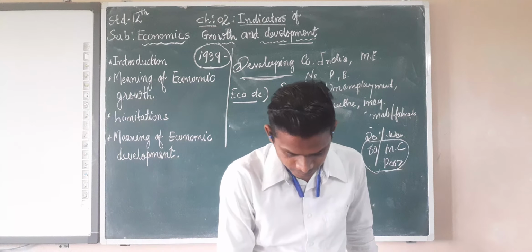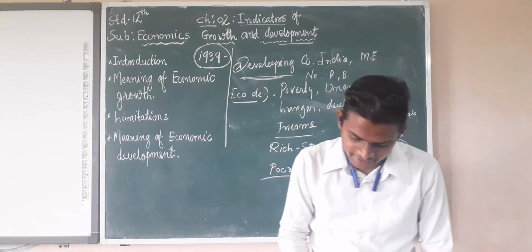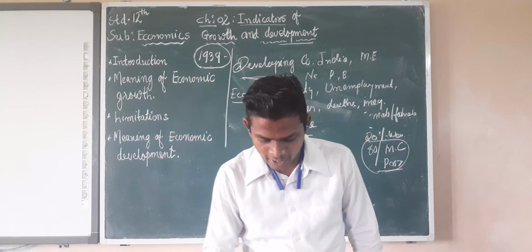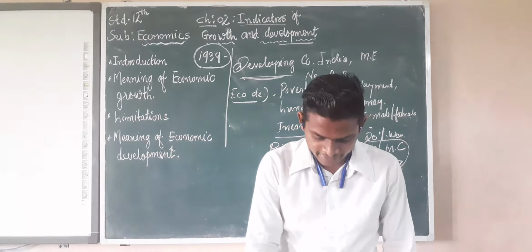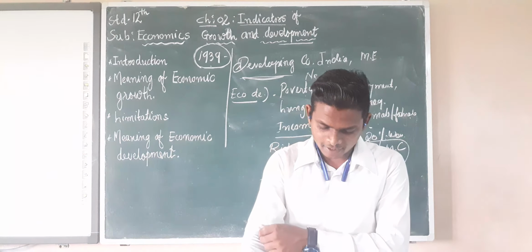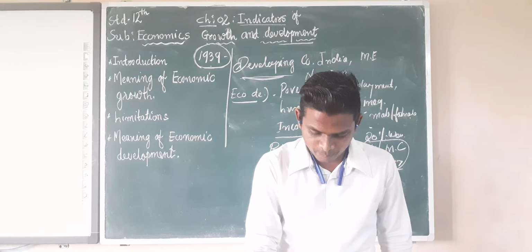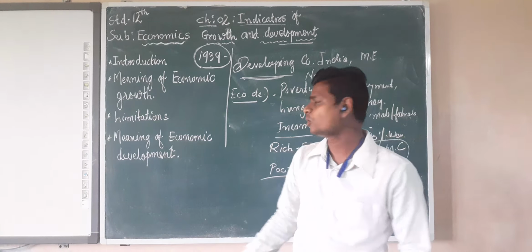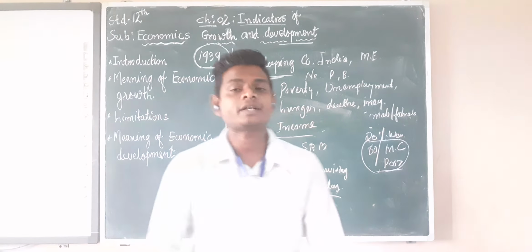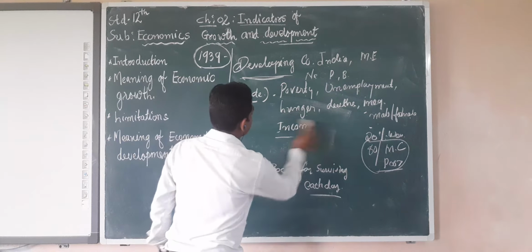Then it can be said that the awareness level of developing countries towards attainment of development increased since developing countries started attempting to reduce the gap in per capita income level with the developed countries. This is quite easy to understand.